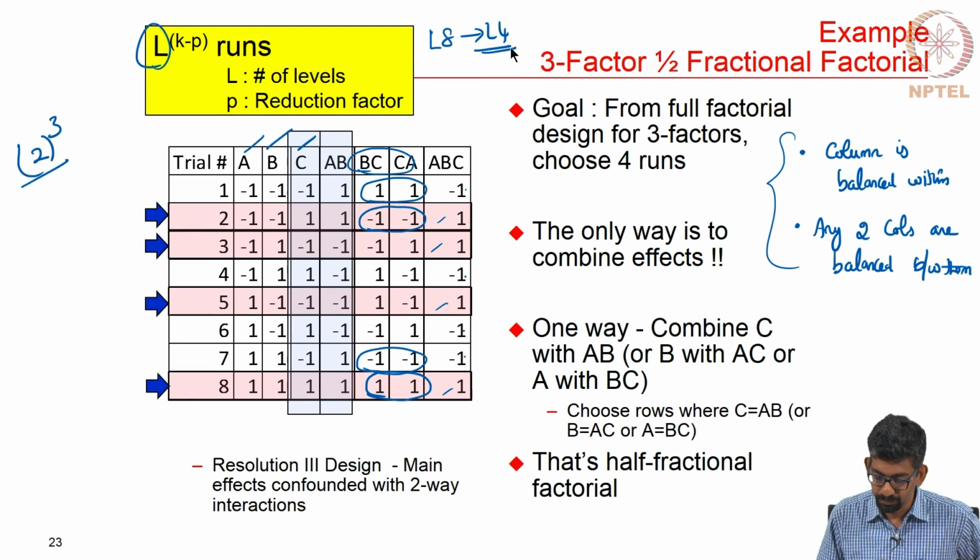What we are trying to do is combine this C to AB. What we are saying is, wherever factor C and AB take the same values, where are they taking? 1 and 1, -1 and -1.